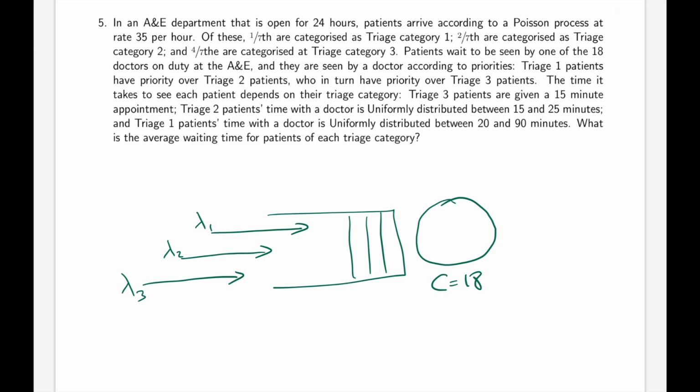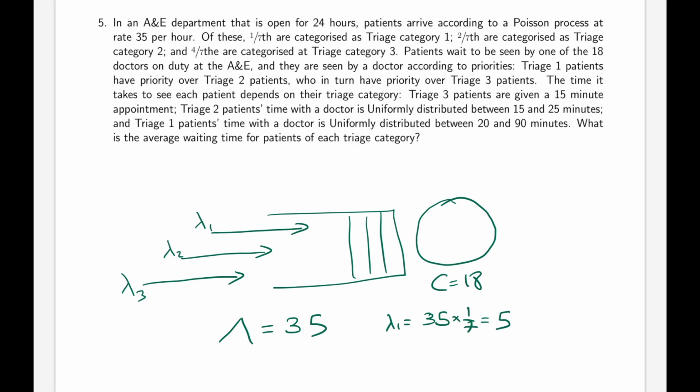Now, what are those lambda 1, 2 and 3s? Well, we know that the overall arrival of the patients is a Poisson process with rate 35. Due to Poisson thinning, since a seventh of those are triage category 1, lambda 1 will be equal to 35 times a seventh.